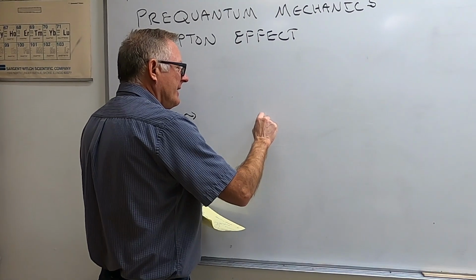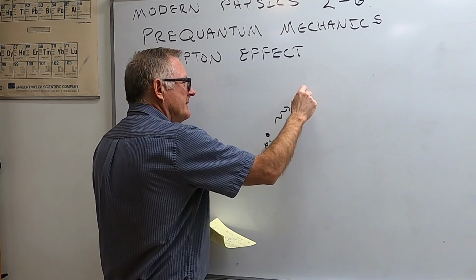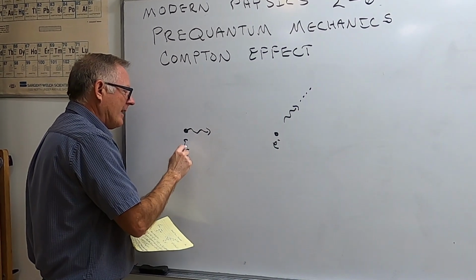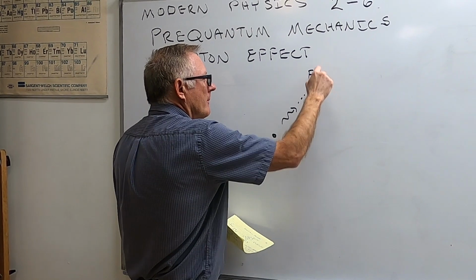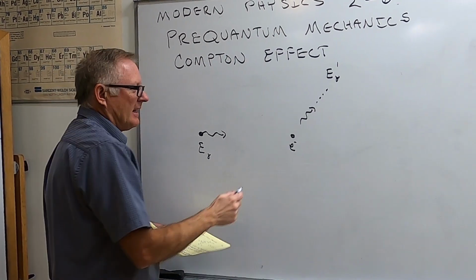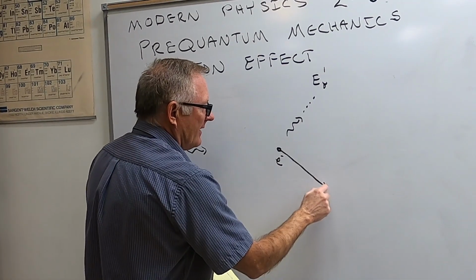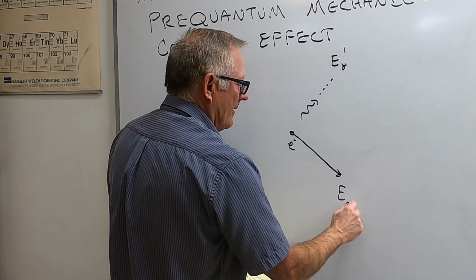So the photon hits it and then ricochets off this way. If we call this E gamma, we'll call this one E gamma prime. It's the energy it has after it bumped off the electron, and the electron's going to head off down in this direction, which we'll call E prime.